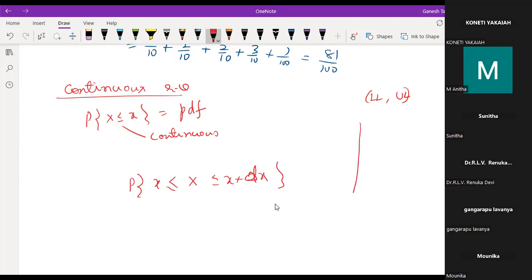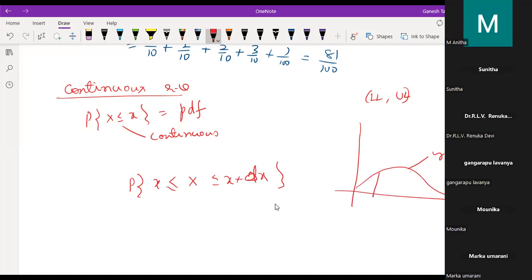Let this be the function y equal to f of x, which you are defining on a particular interval. This is x and this is x plus delta x. So this entire density you can say is f of x dx.